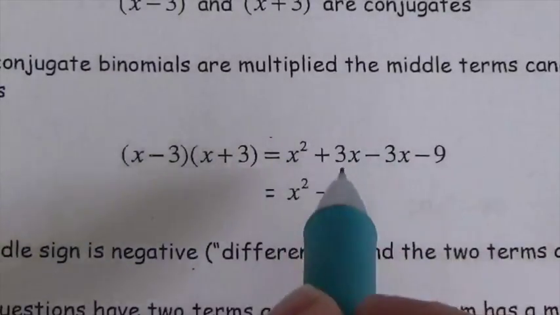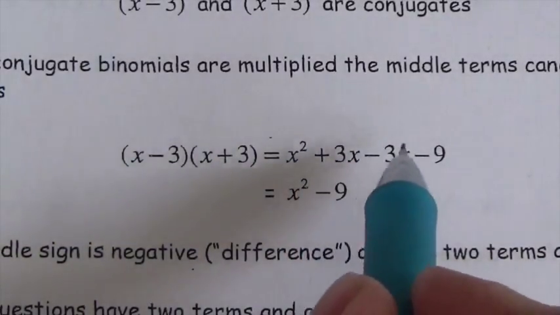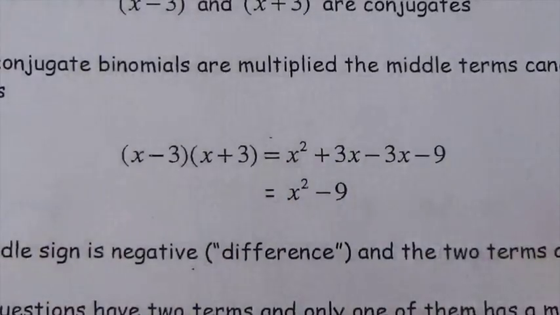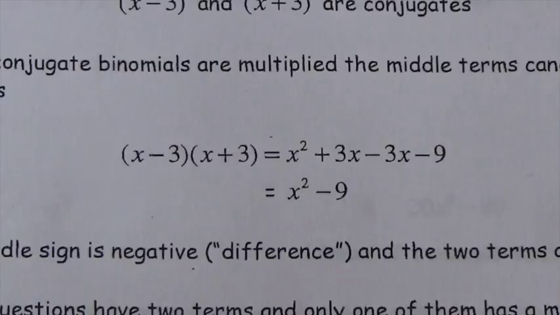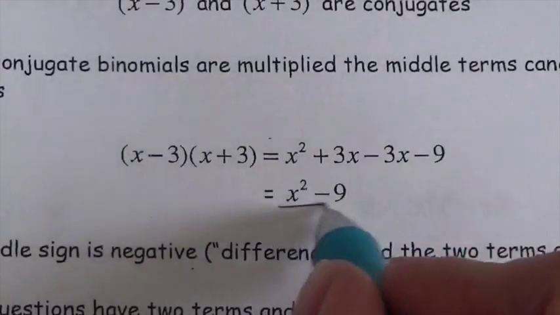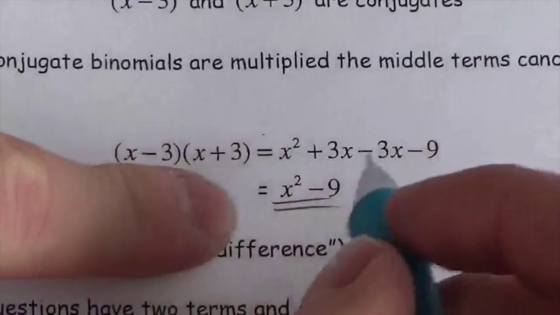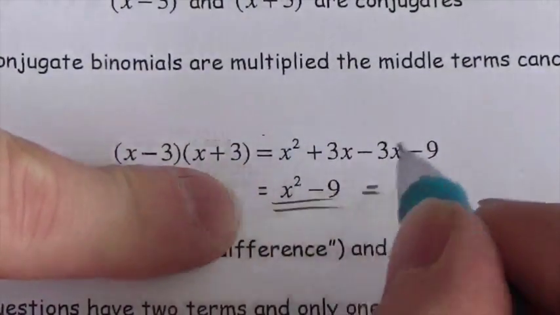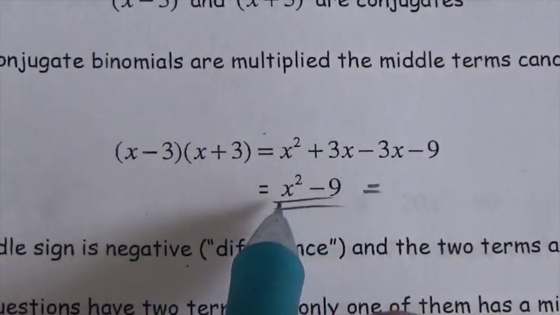Now look at what happens here. This positive 3x and the negative 3x are additive inverses of each other. They cancel each other out, and we're left with x squared minus 9. And this is a difference of squares. Now, if we wanted to factor this, you have to look at this pattern and recognize what's going on.